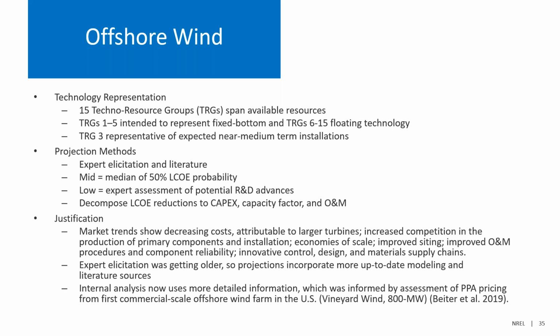There's also increasing competition, especially in European markets, that we think will translate to some extent to the US markets. We're seeing increasing economies of scale in production and in installation and O&M, improved siting and better understanding of the resource, and innovative control design and material supply chains.